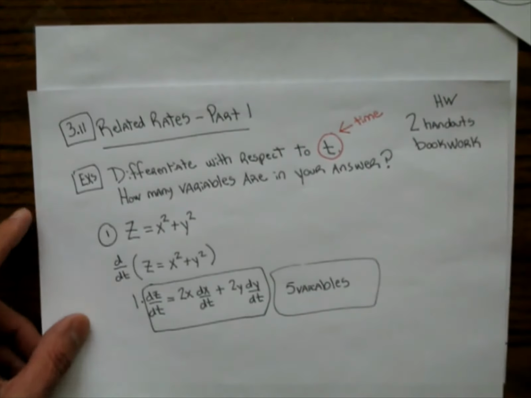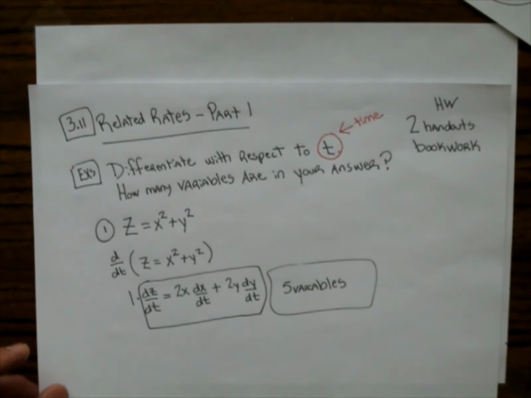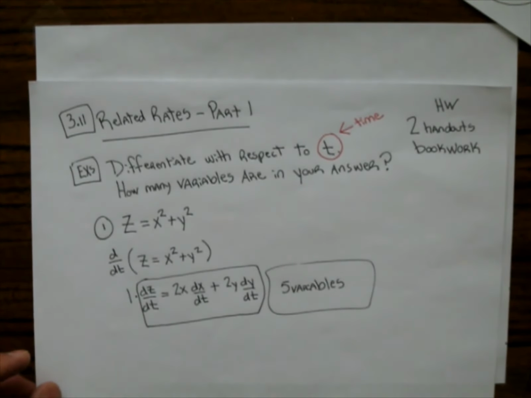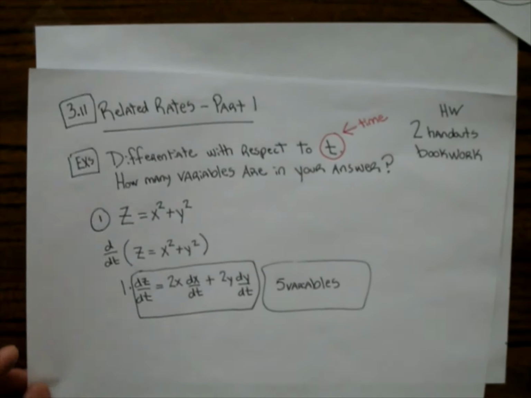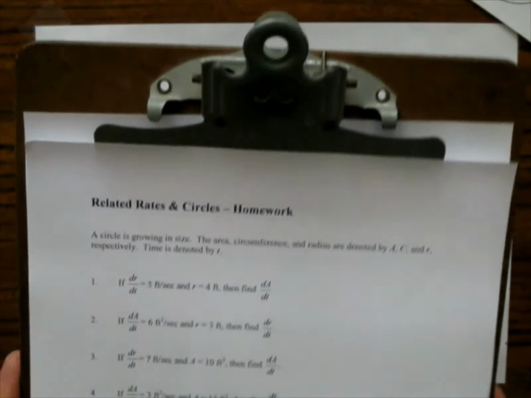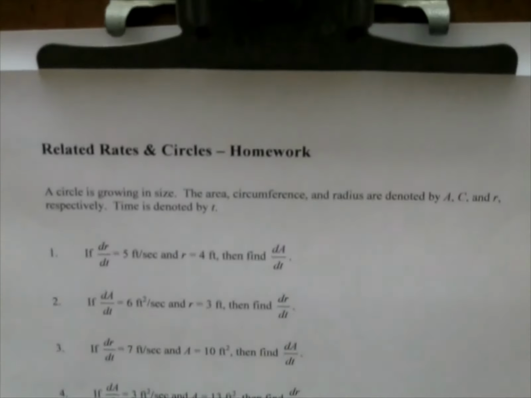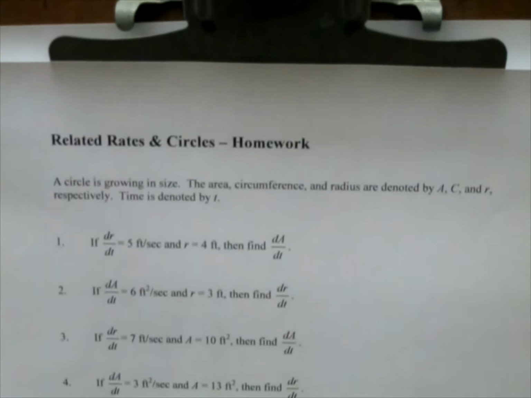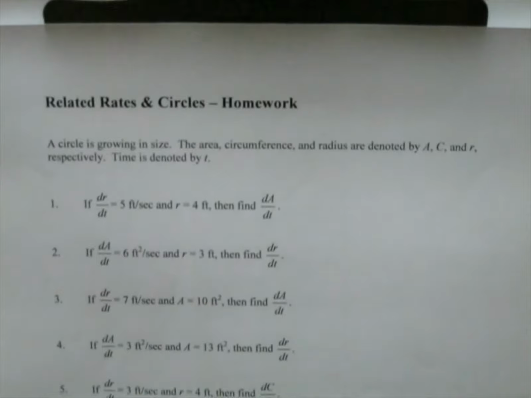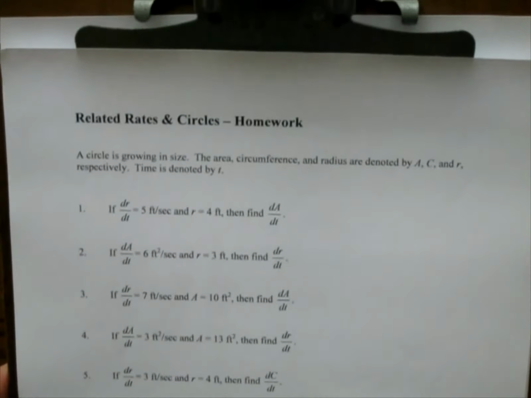We do the handouts because they are some drill and kill that will help you get used to related rates. The first handout says related rates and circles, and you can find that on the website. I'm going to go ahead and do 2 problems from that handout.